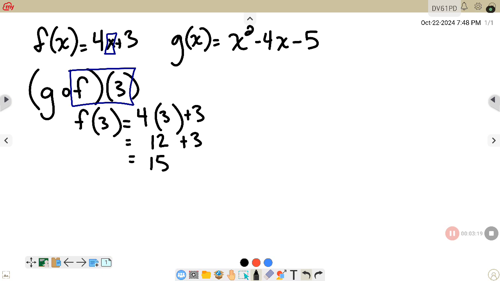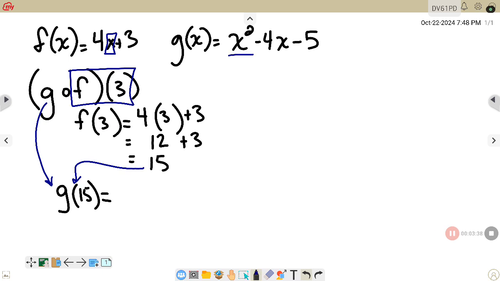Once I get to the end of that, I drop down what is in that front position, which is the g, and you are going to find g of your last answer, which was 15. So that's telling me to go to the g function this time and replace its x's with 15s.